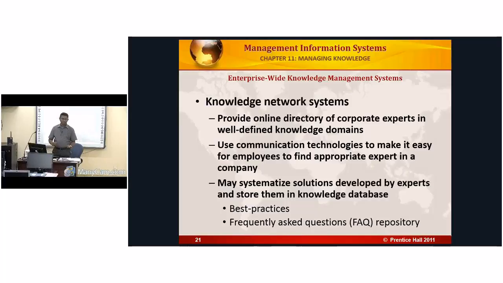The same problem might have occurred previously, so you can go through the FAQ or best practices, and if that does not solve your problem, you can straight away contact the expert on the particular domain line, right? So this is one of the key advantages of a knowledge network system.